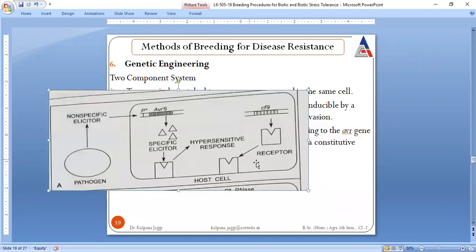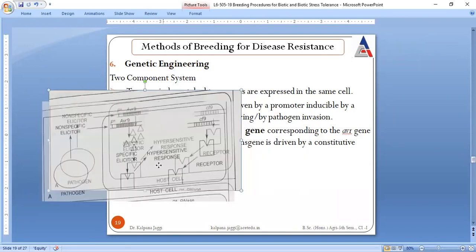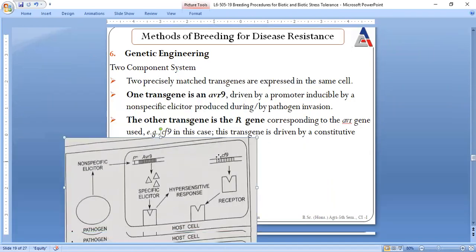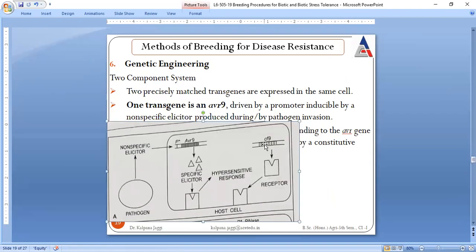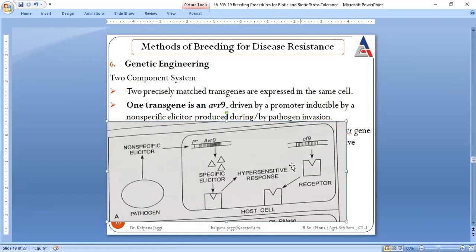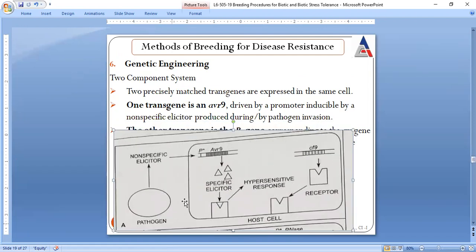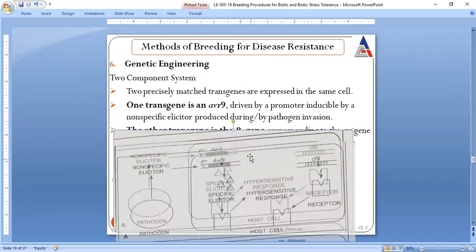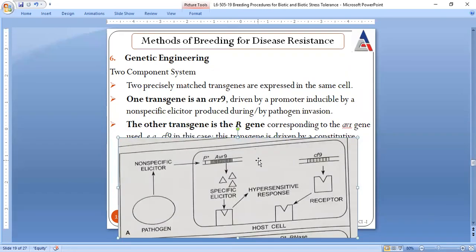I will explain it along with the diagram so that it becomes easy for you all to understand. So this is the pathogen, right? And within the gene, this is okay. First, I will explain what the two component system is.